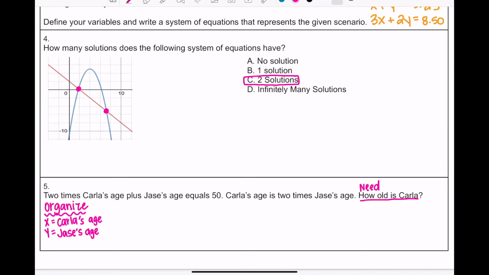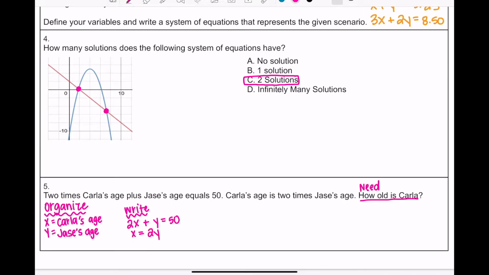Okay. Now we need to write our equations. All right, so we have 2 times Carla's age, so that's 2X, plus Jace's age, which is Y, is 50. Then it says Carla's age, which is X, equals 2 times Jace's age, so 2 times Y. How old is Carla?